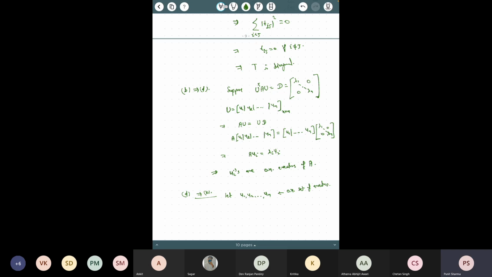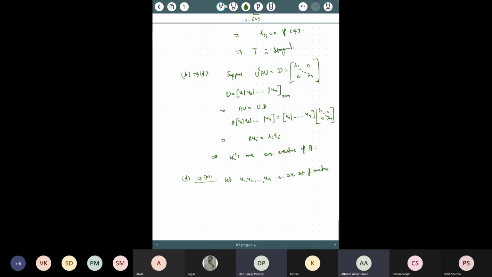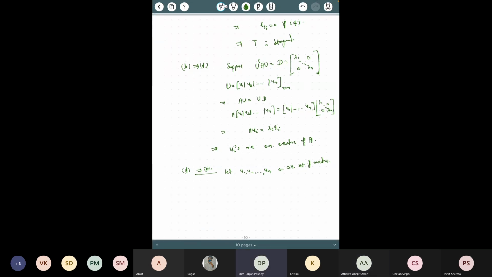Now we have to show that A is unitarily diagonalizable. Can we do that from here? Can you construct a U such that U star AU is diagonal? Yes, sir. Take the matrix U whose columns are simply U1, U2, up to Un.